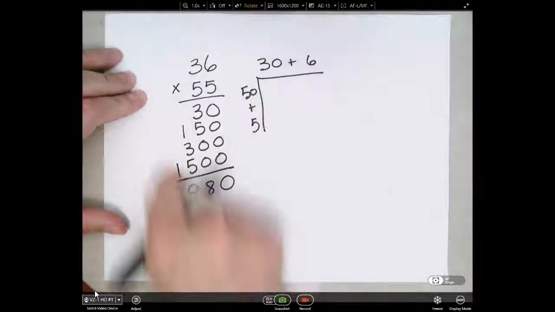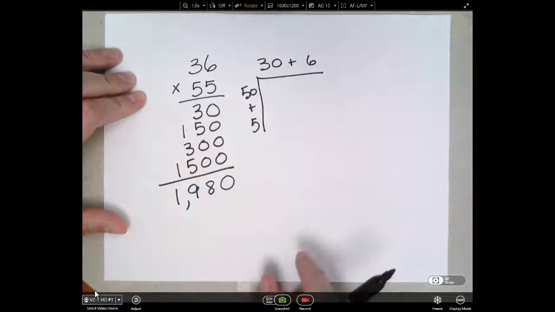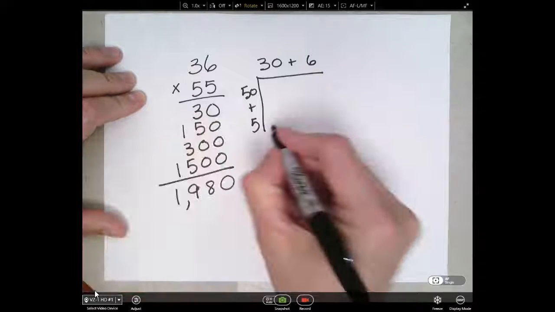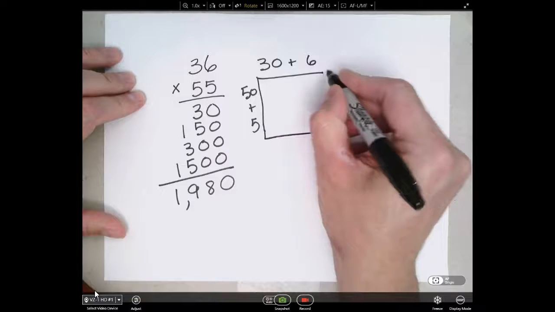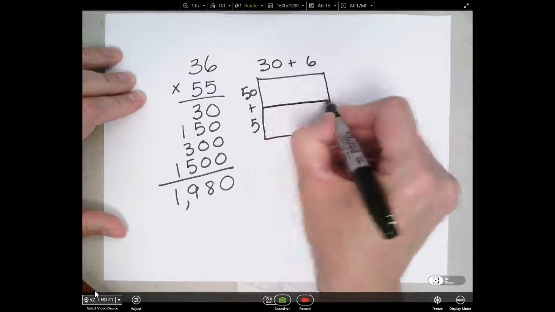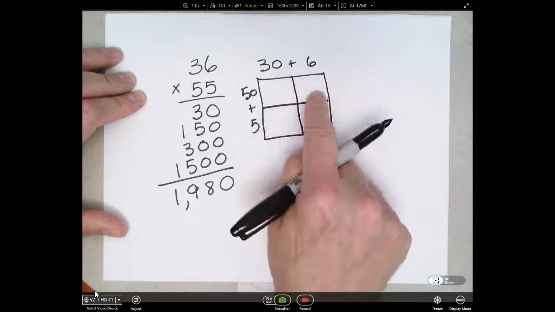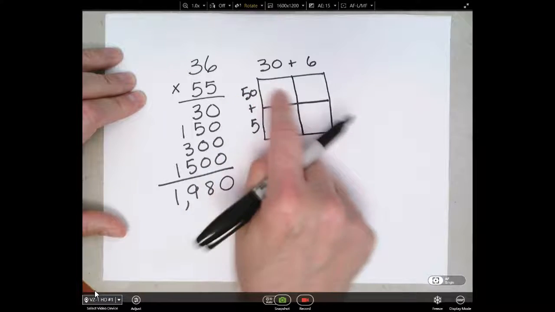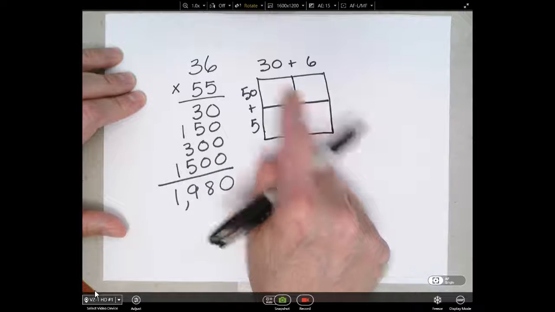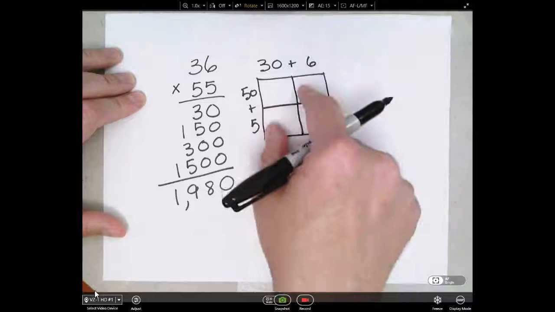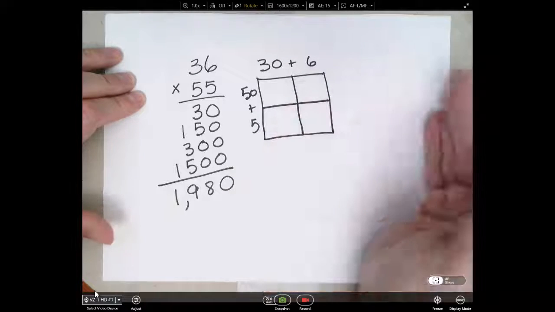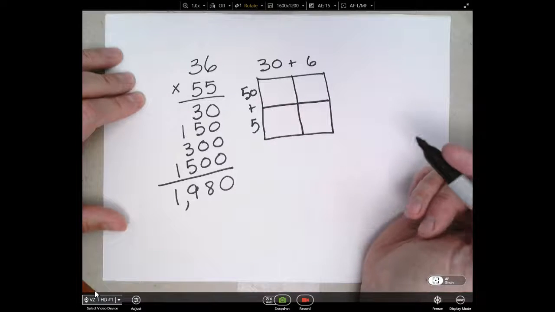And where this comes from, and really where all multiplication can be traced back to, is an area model. And I'm going to show you that right here. So when we've taken these two numbers apart, okay, we've got 6 times 50, because we're going to find the area of each space, and that's going to tell us the total area inside this diagram, which will give us the answer to a multiplication problem.